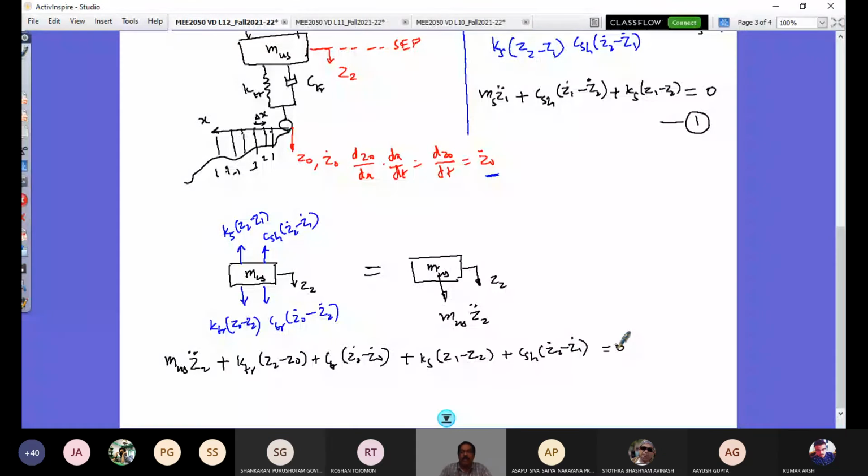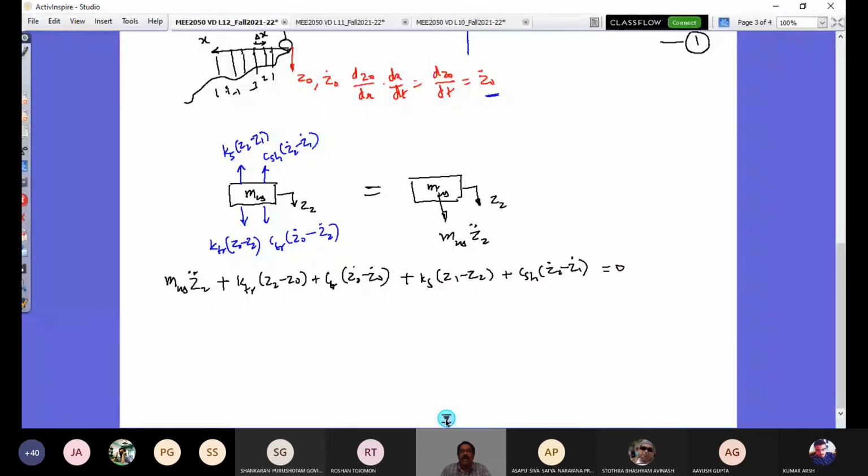So this is the equation now, and I would just change this equation so that my road excitation force, I can represent it here. What is in contact with the road? The tire wheel assembly. So the forces that are coming from this should go on the other side of my equation.